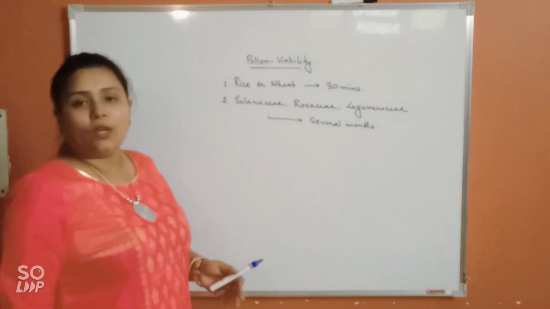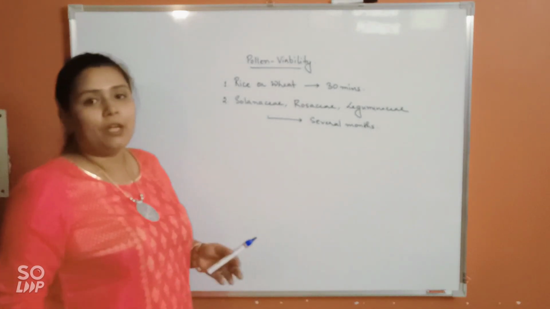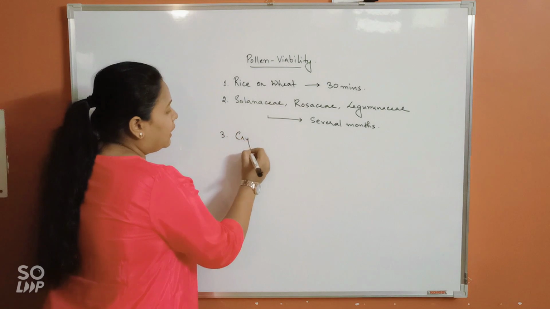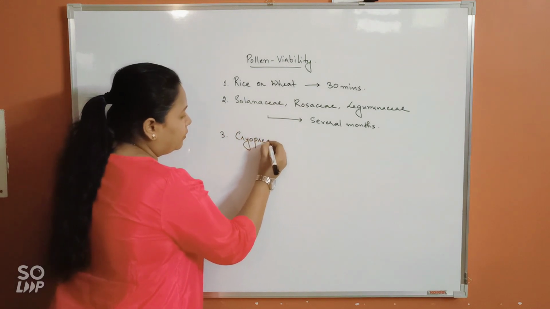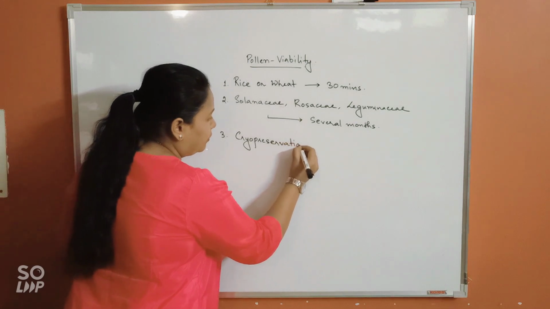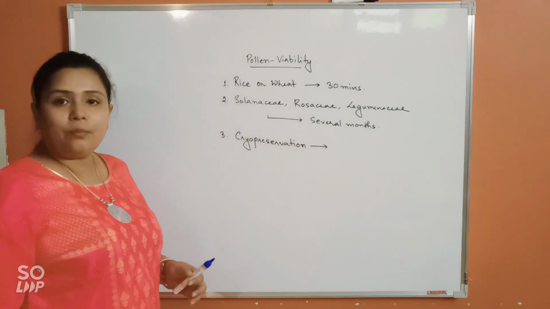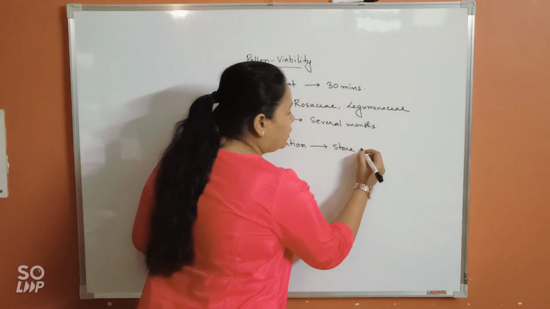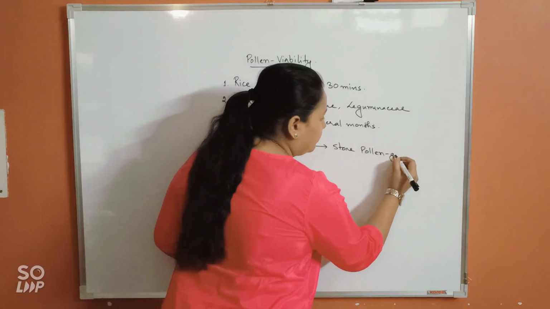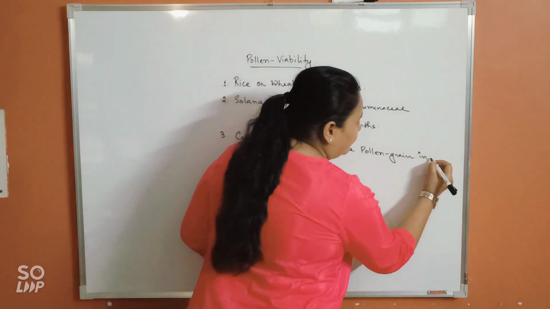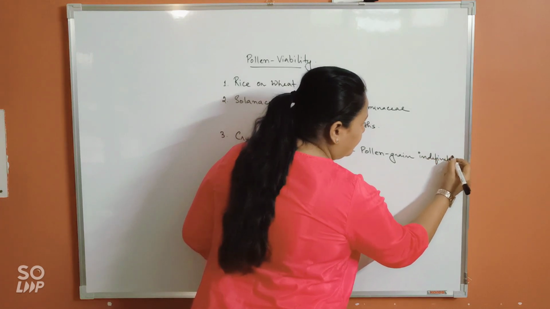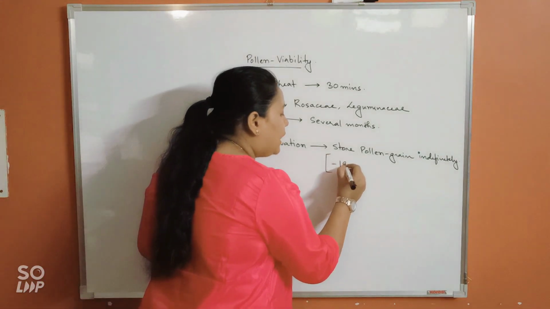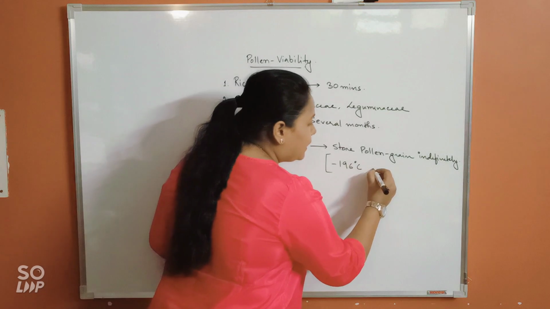But of course, nowadays pollen viability is not going to cause much of a problem. Why? Because nowadays we have a technique called cryopreservation. Cryopreservation is an advanced technique in which we can store pollen grains indefinitely at minus 196 degrees centigrade in liquid nitrogen.